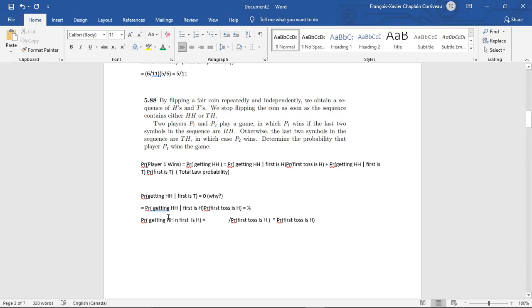It means that this event is contained in this one. So the intersection is the contained event. Oh, I see. Right?